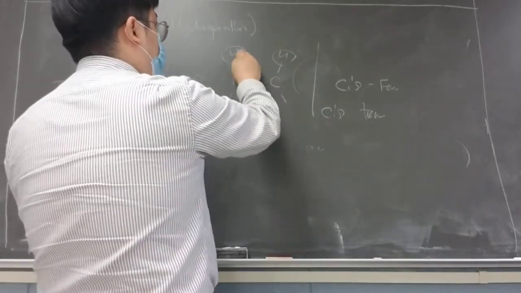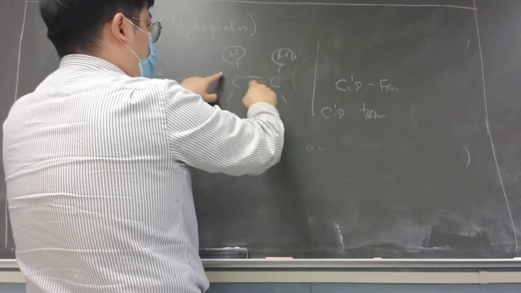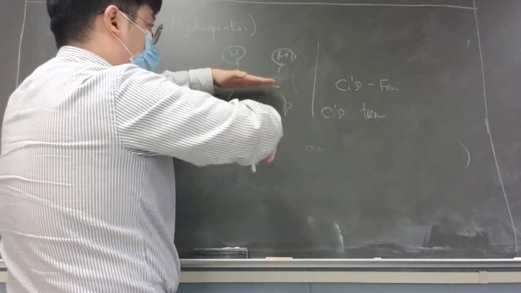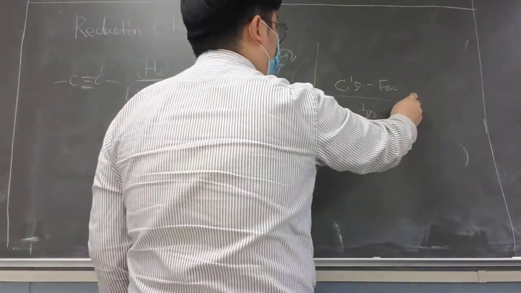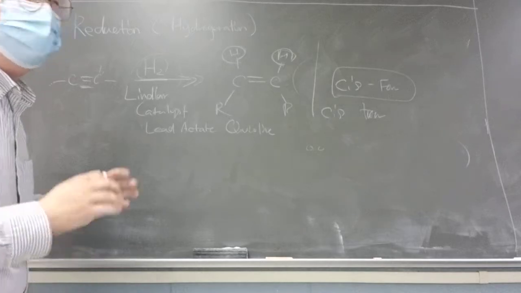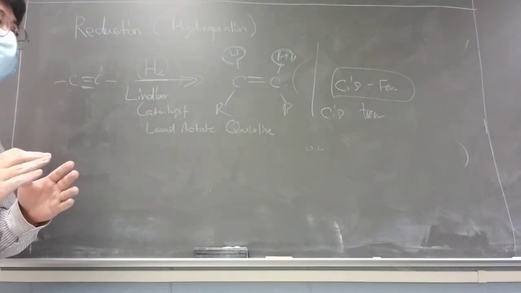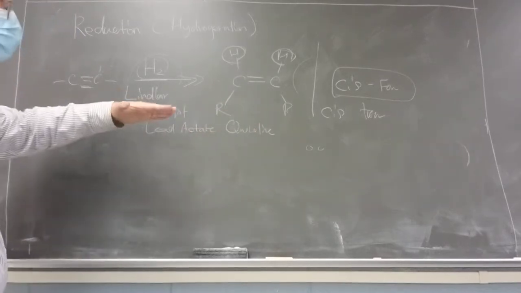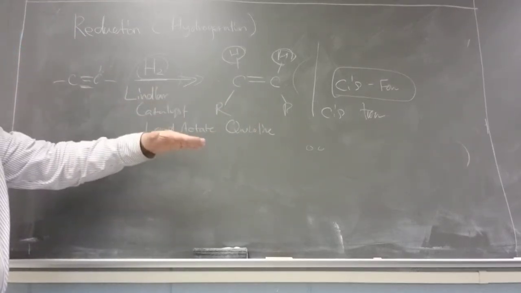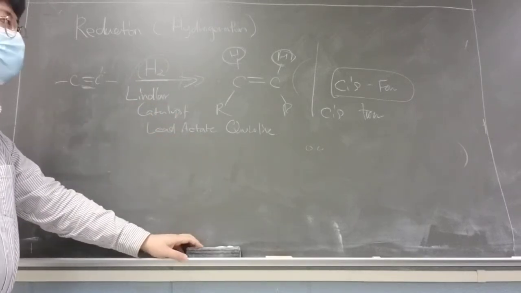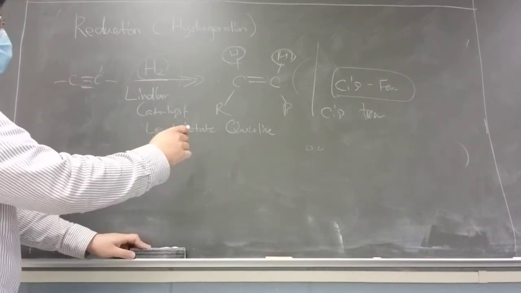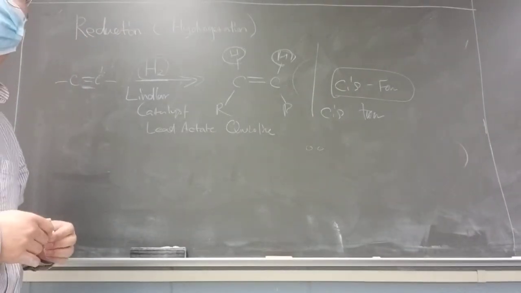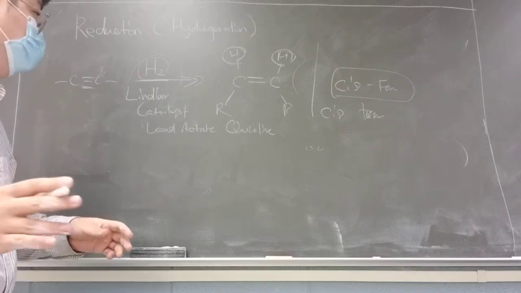That's why you have both hydrogens on the same face, meaning those two are in the cis form, and the other groups are all on the same face. That's important for whether it gives the cis or trans form. It makes sense that it makes a cis form instead of trans. And it does stop at the alkene form, which is sometimes more useful in certain conditions. Okay, so far so good.